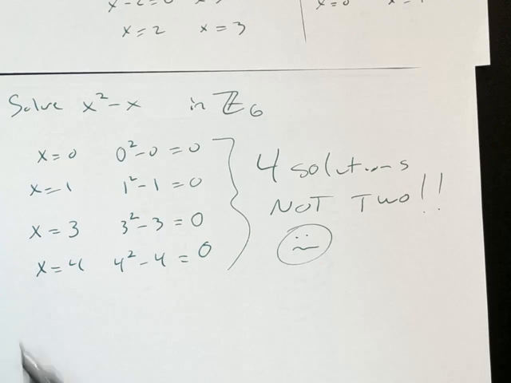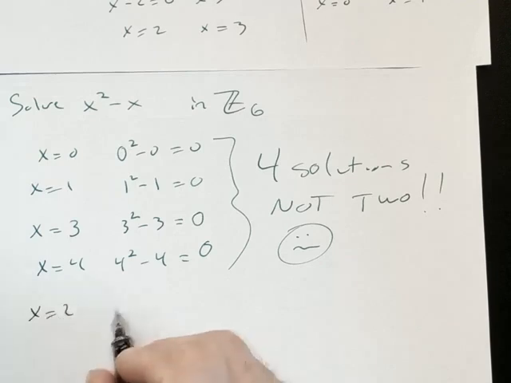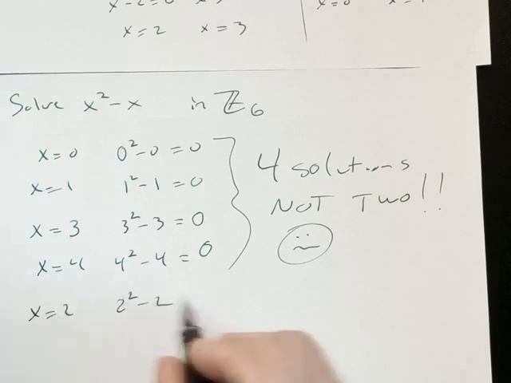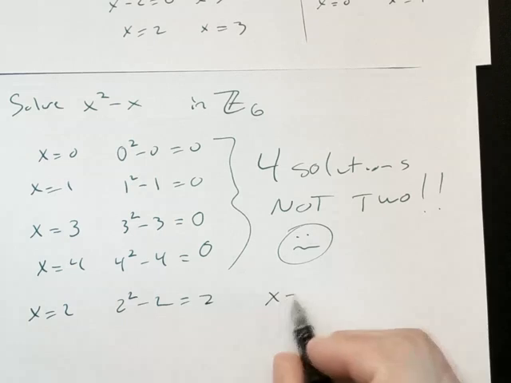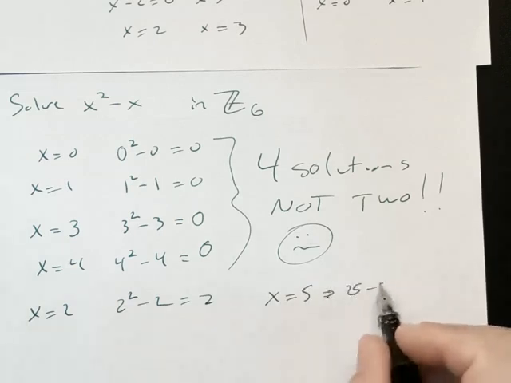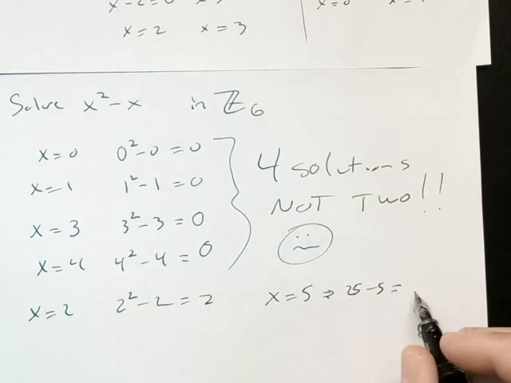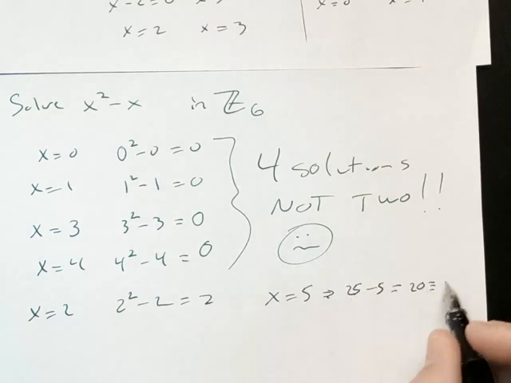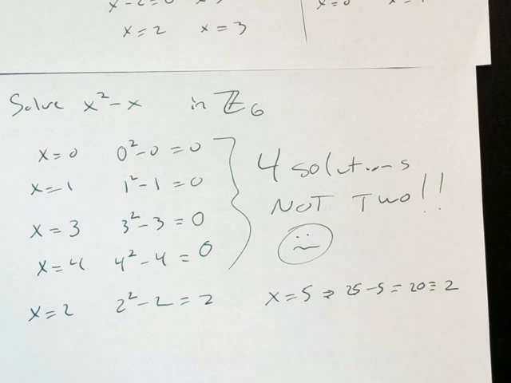If I use 2, I get 2 squared minus 2, that's 4 minus 2, that's 2. If I use 5, I get 25 minus 5, which is 20, which is congruent to 2 mod 6. So it turns out, no, it has exactly 4 solutions.